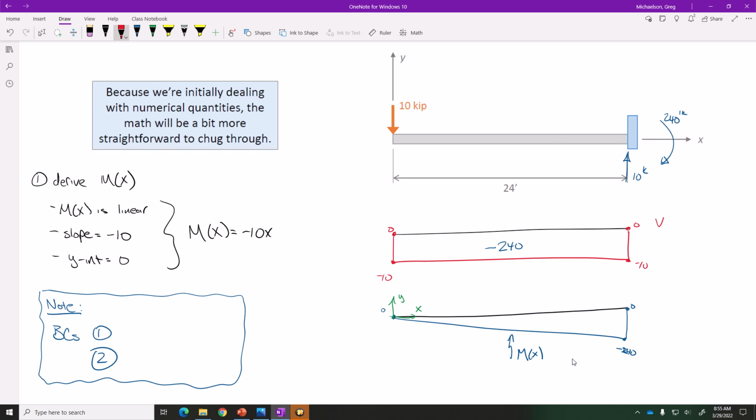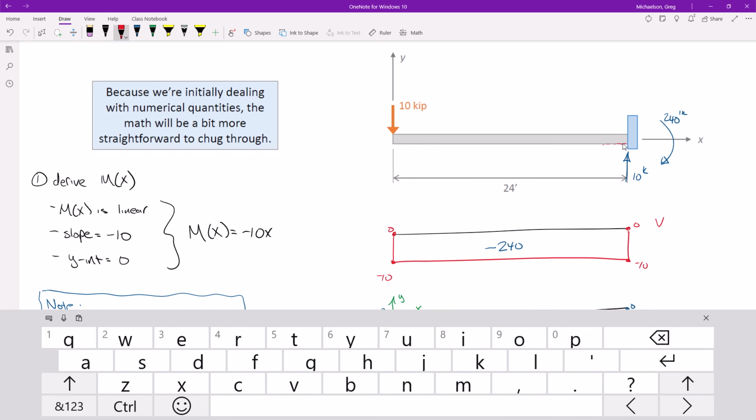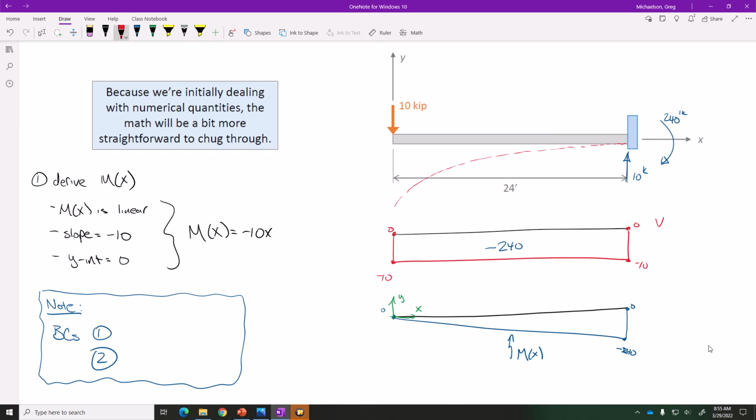The beam is clamped on the right end and it's being deflected downwards. So if I conceptualize what this deflection looks like, it's going to look something like this. Is that fair?